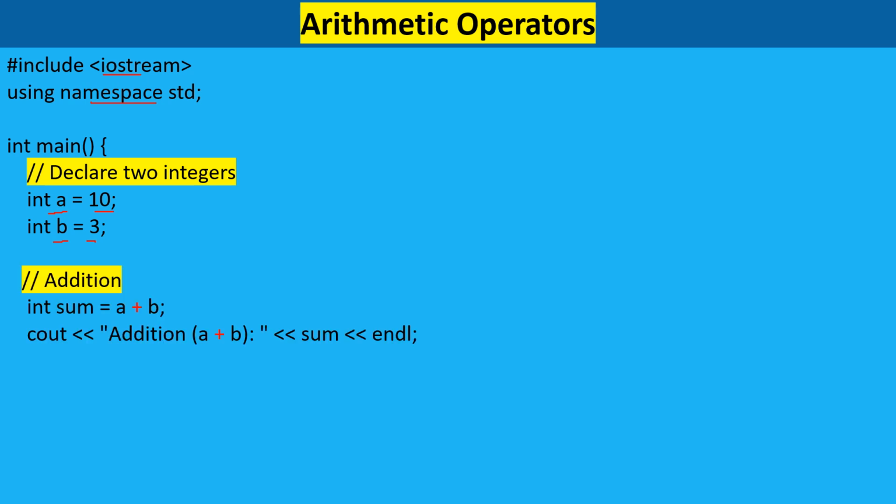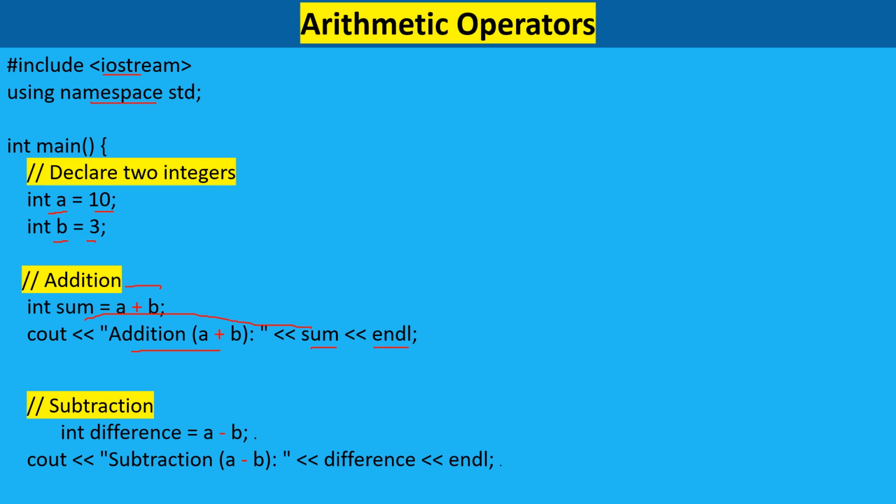So now we do addition. Perform addition of a and b. The result is stored in the sum, as I already told you. And then print the label of a and b followed by the value of sum, and endl moves the cursor to the next line.